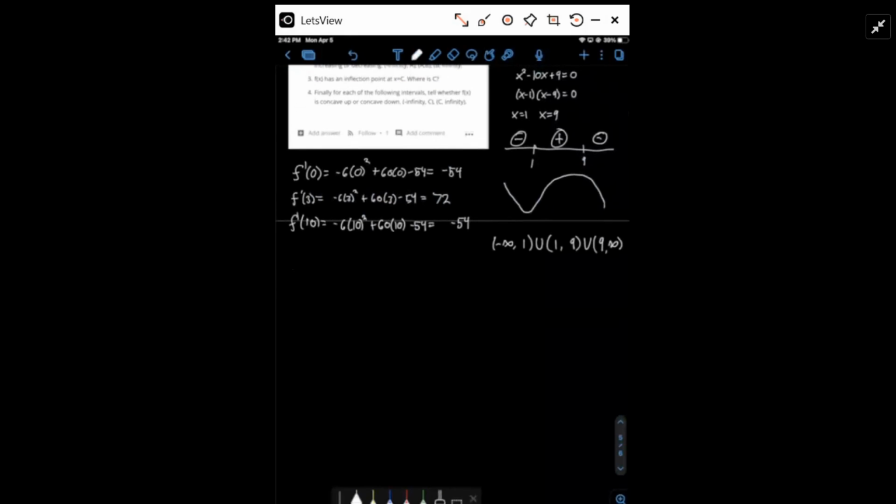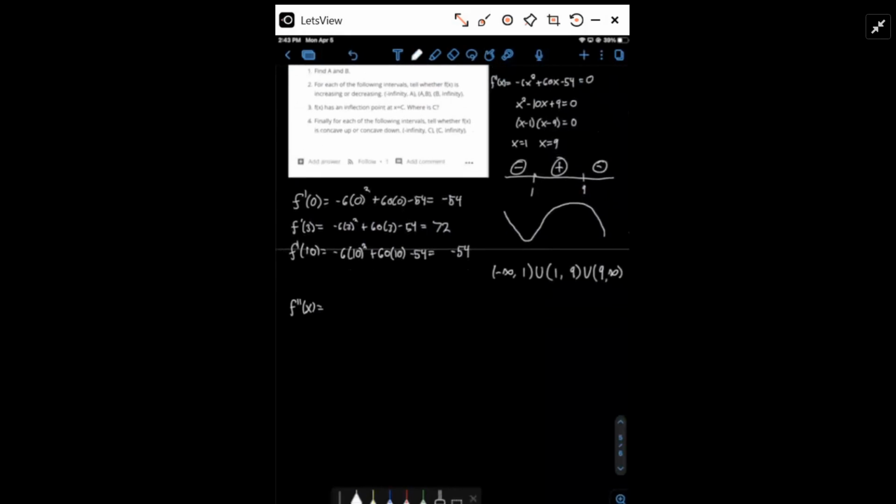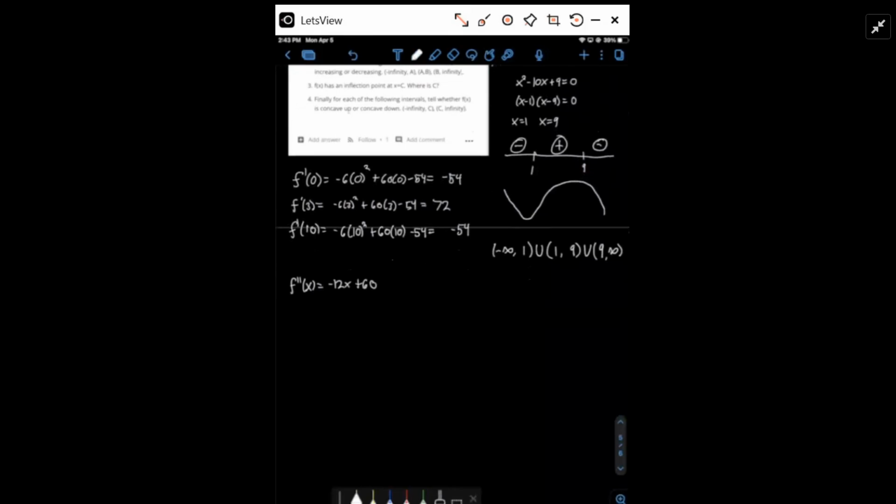Part 3 says that f of x has an inflection point at x equals c, and we have to find c. So we'll differentiate the function one more time. F double prime of x is equal to negative 6 times 2 is negative 12x, and then the derivative of 60x is 60. The inflection point is the point that makes this equation equal to 0.